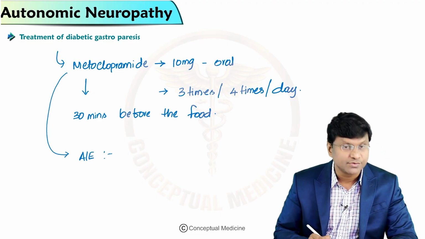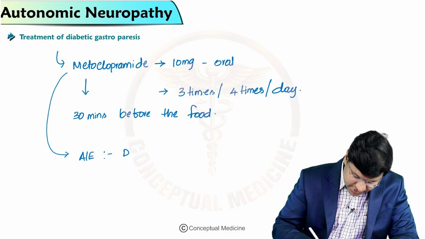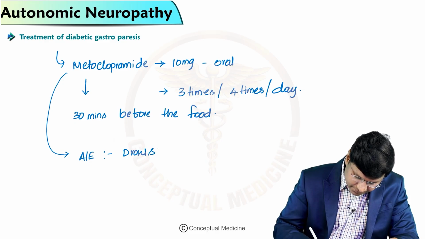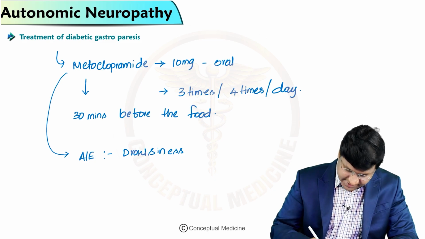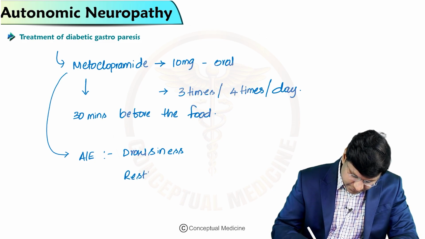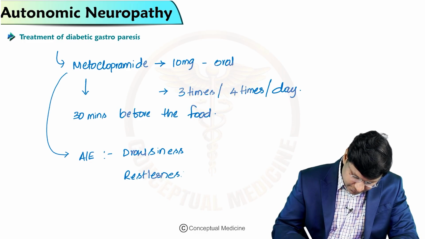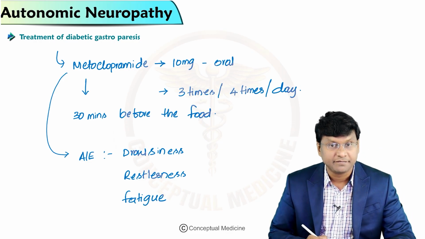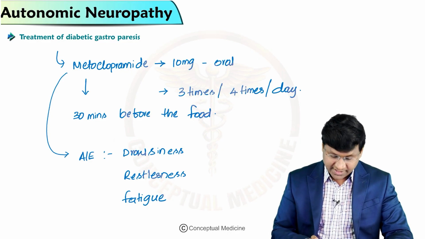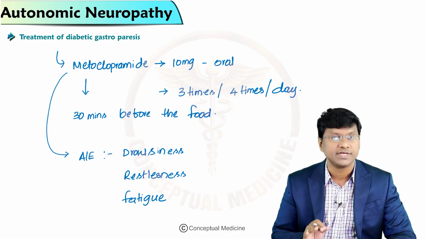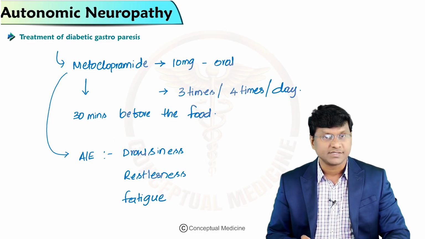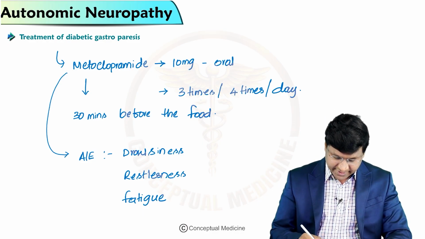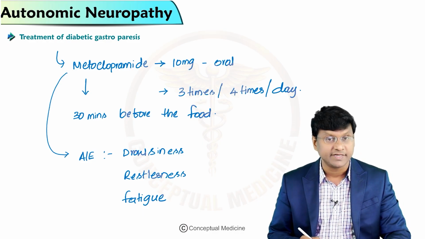The adverse effects include drowsiness, followed by that there can be development of restlessness, fatigue and lassitude. These are the common adverse effects associated with the metoclopramide. So this will be the treatment of the diabetic gastroparesis.